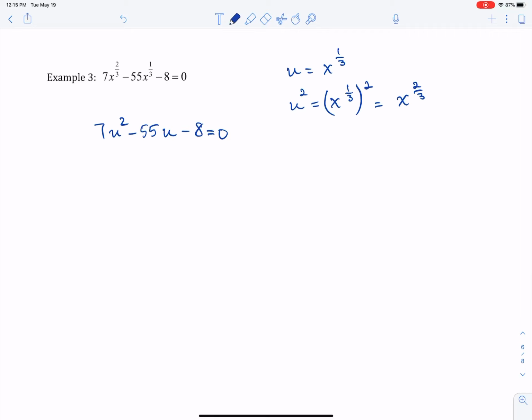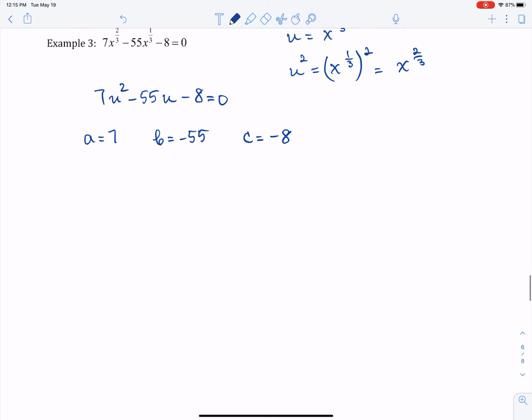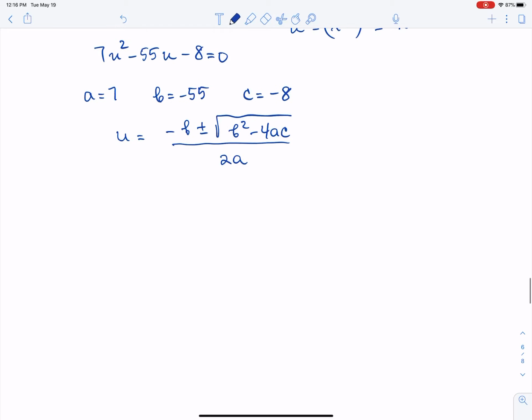Based on the quadratic formula, I'll need to know what is a, what is b, and what is c, and then use u is equal to negative b plus or minus square root of b squared minus 4ac all over 2a.